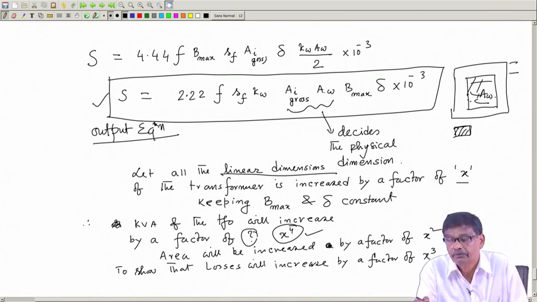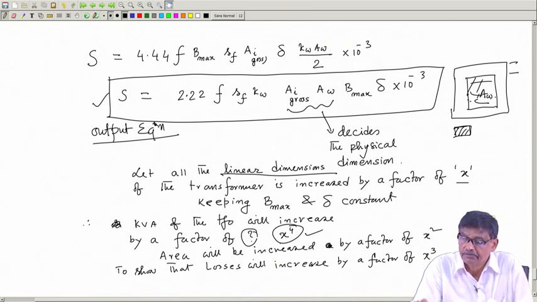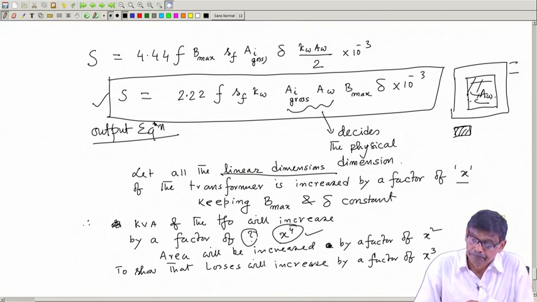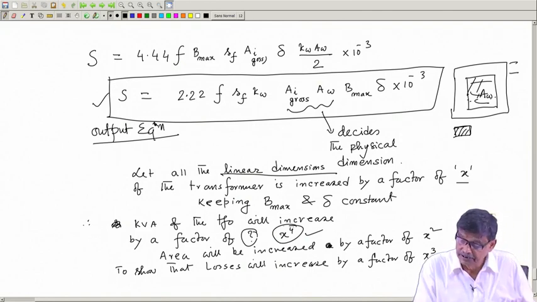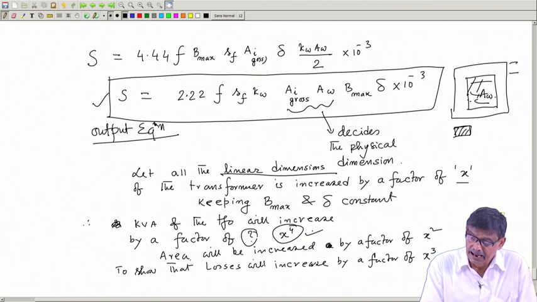So, x square into x square will become x to the power 4. Therefore, the kVA rating of the transformer will increase by a factor of x to the power 4, if all linear dimensions are increased. So, this I must have written somewhere, kVA of the transformer increased by a factor of x to the power 4.